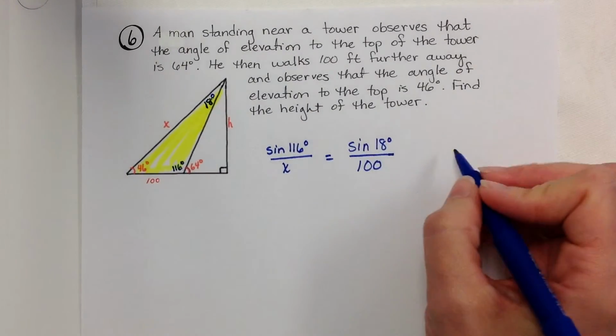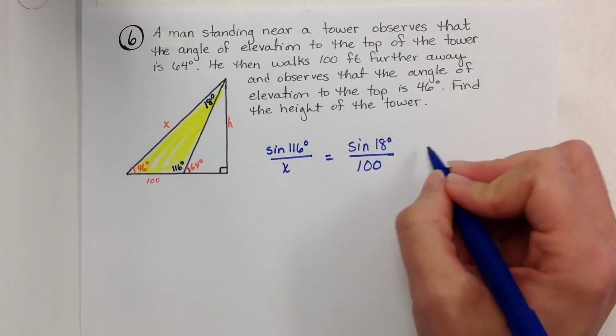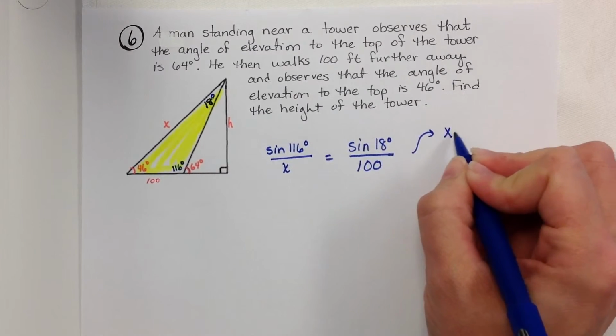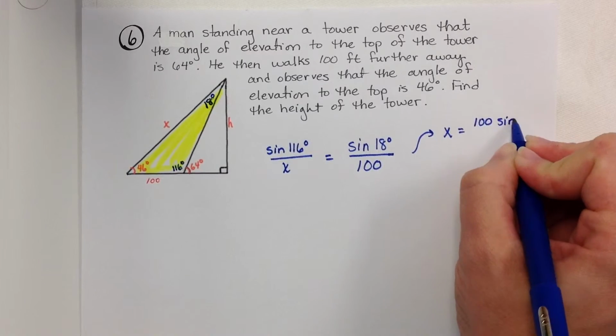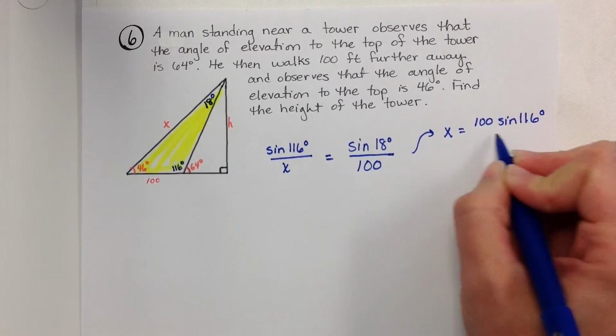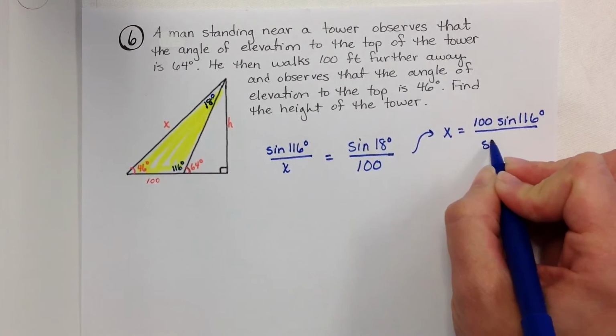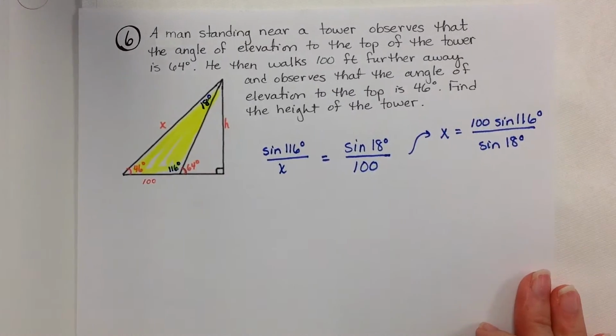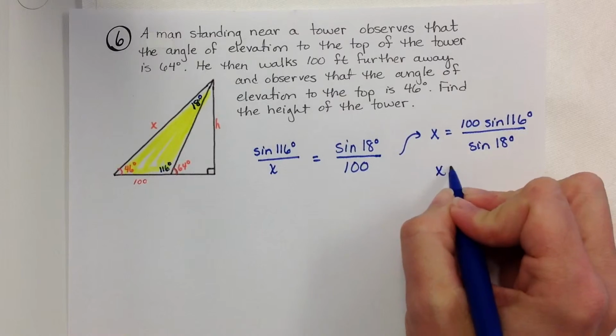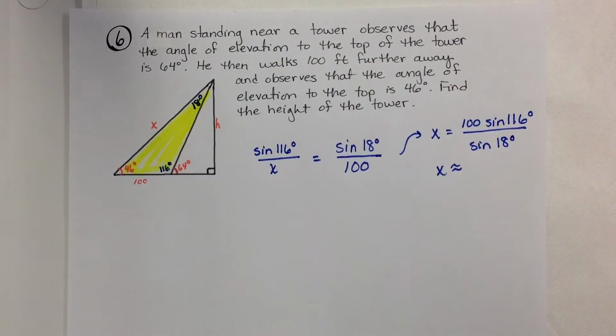Okay, cross multiply and divide. So I'm going to go from here to here. So if I get X by itself, okay, and then get that approximation.